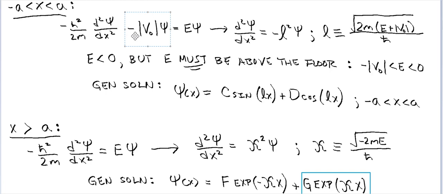So the potential was minus V naught in between. And so first add V naught psi to both sides, then multiply both sides by minus 2m over h bar squared. And we had that d squared psi dx squared is minus l squared psi, where l takes on the value square root of 2m quantity E plus V naught in the numerator, all of that divided by h bar in the denominator.